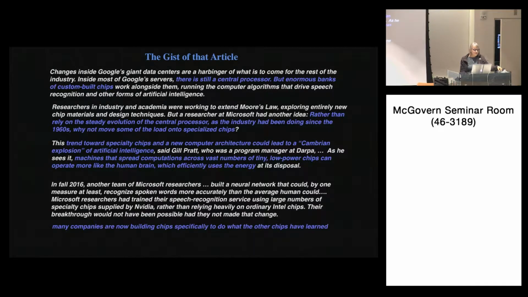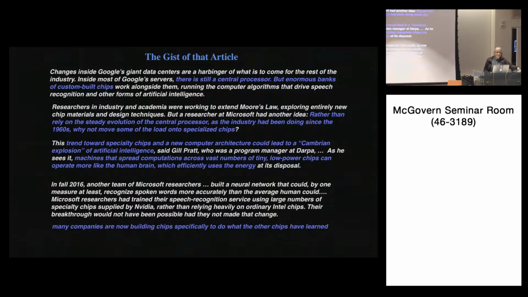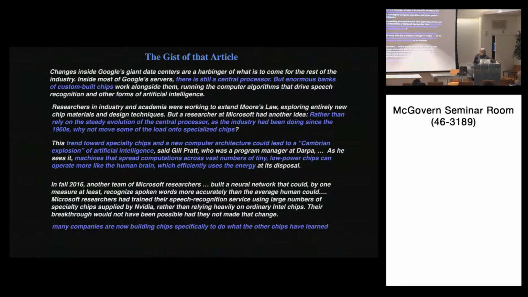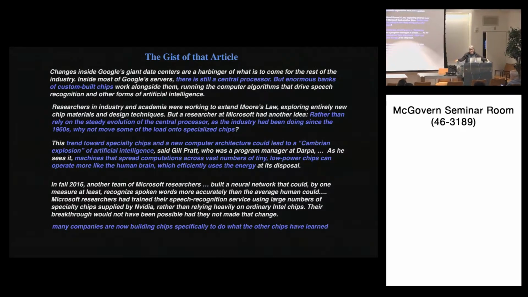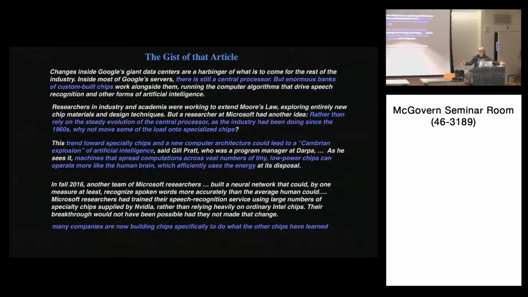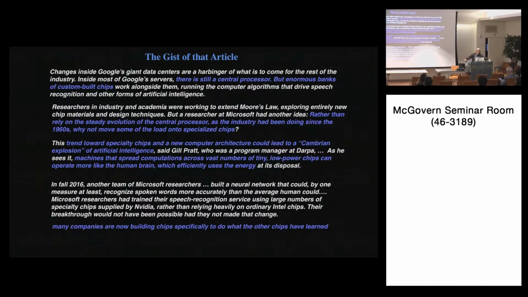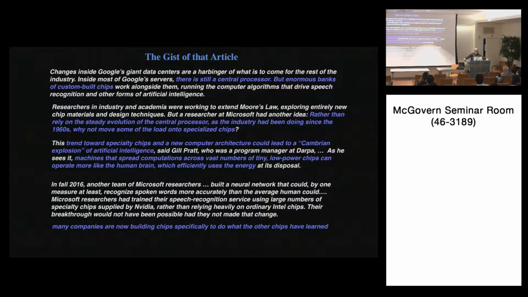And in some cases, they're building specialty chips specifically to do what other chips have learned, and so forth. I think this is a possible parallel to this view of the brain. Whether or not it's been informed by neuroscience, or it's just what computer scientists would have done anyway, I don't know. To me, what's interesting is that to the degree this seems to be a developing solution to big computational problems in computer science, it's very interesting if indeed the brain has come up with the same solution.